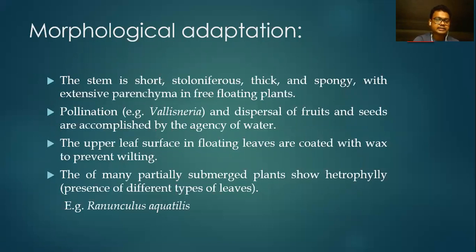In this type of partially submerged plant, for example Ranunculus aquatilis, we see heterophylly. Hetero means different, and phylly means leaf. So the presence of different types of leaves is known as heterophylly, which we can find in Ranunculus aquatilis. This is also a morphological adaptation.